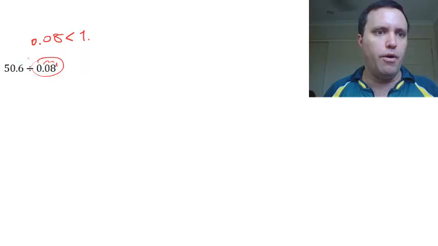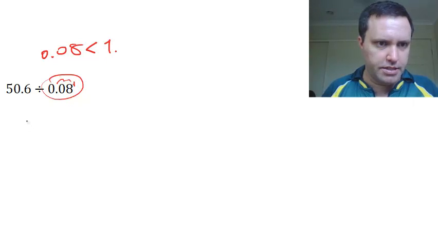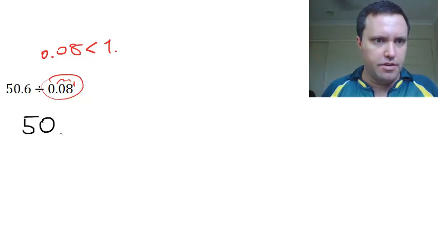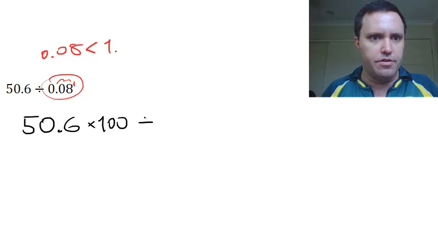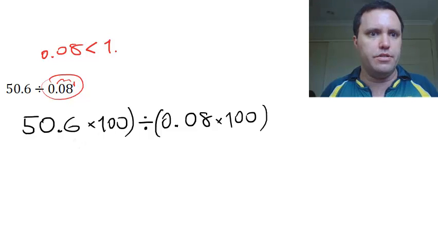So that means both sides need to get multiplied by that same amount. Alright, so we'll redo this as 50.6 times 100 divided by 0.08 times 100. That's kind of our new little thing we're doing now.